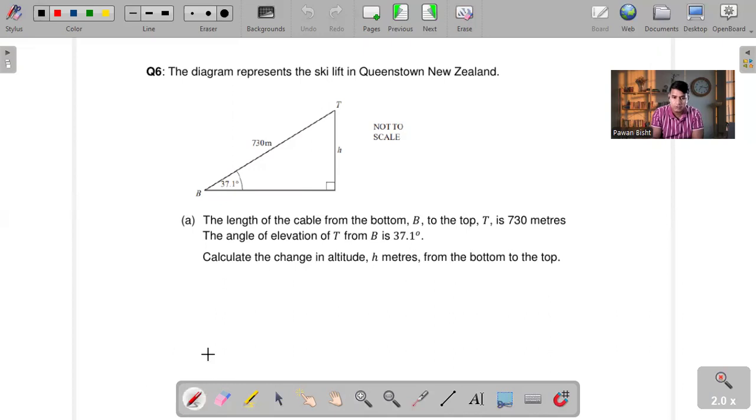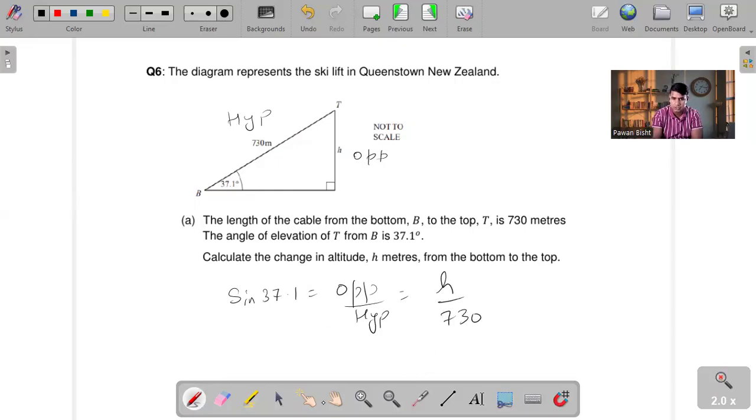Understand? Now, trigonometric ratio, remember, the side opposite to the given angle is considered as opposite, and we already know the hypotenuse. So we will use the sine ratio, sine 37.1 equals opposite over hypotenuse. Opposite is h and hypotenuse is 730 meters.